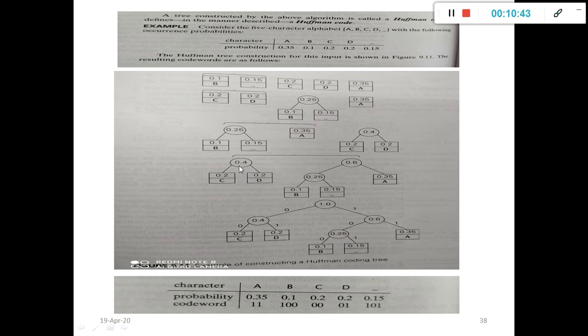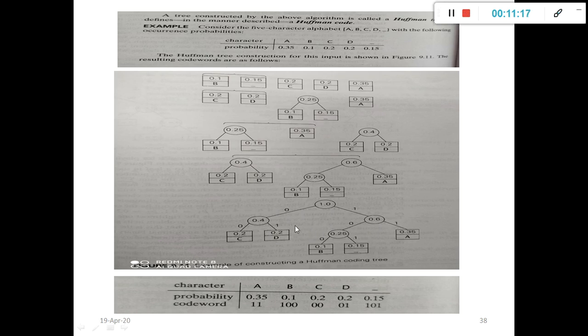Now add 0.4 plus 0.6, which makes a single tree as shown, 0.4 plus 0.6 equal to 1.0. Then the left subtree is 0.4 and the right subtree is 0.6. By repeatedly processing all this, when you obtain a single tree, you have to stop the process. This single tree is called a Huffman tree.